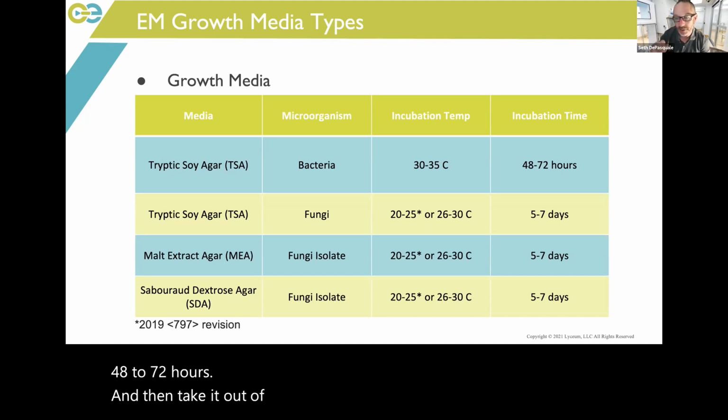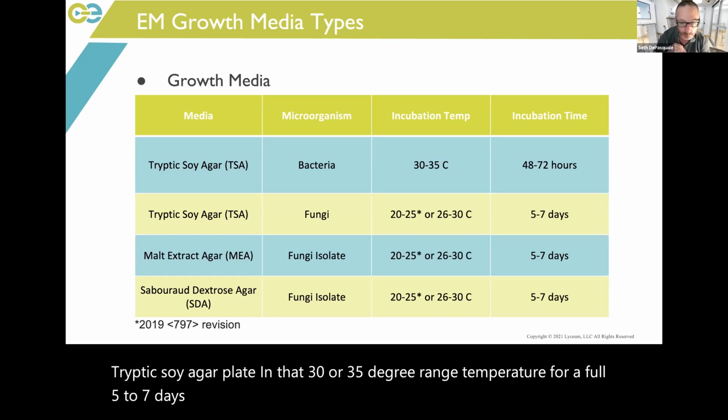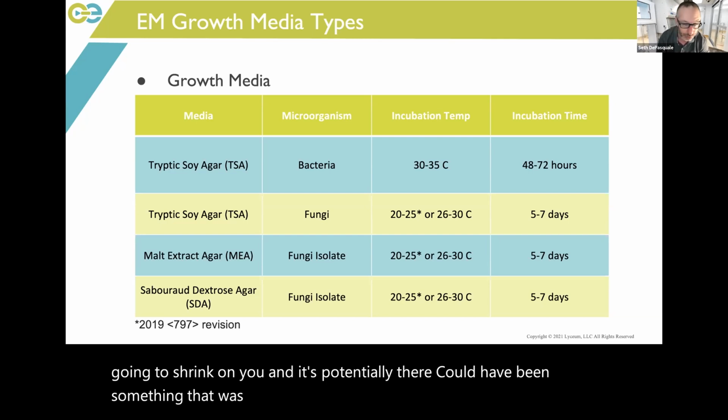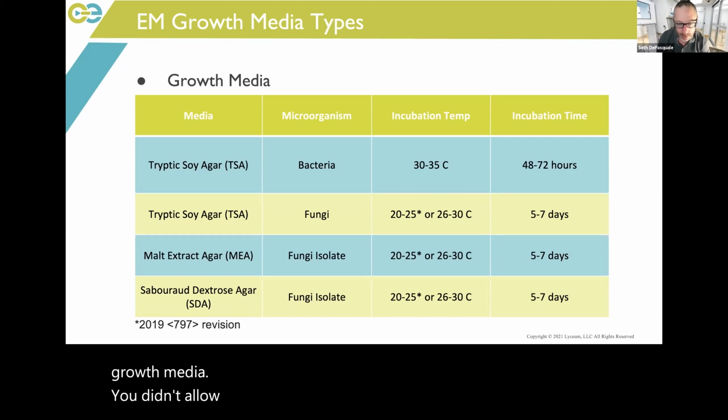If you have a tryptic soy agar plate in that 30 to 35 degree range for a full 5 to 7 days, you're going to see the growth media completely dry out. It's going to shrink on you, and potentially there could have been something growing on it, but because you essentially cooked the growth media, you didn't allow anything to grow on it.